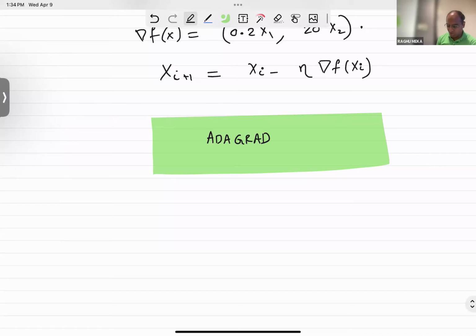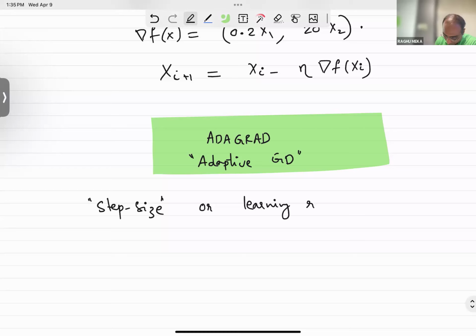Which is just short for adaptive gradient descent. Adaptive just means that I want my step size, aka learning rate, to adapt for each parameter.